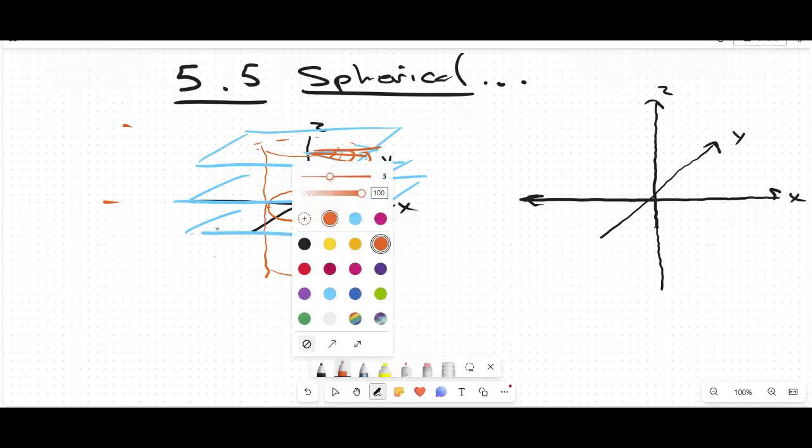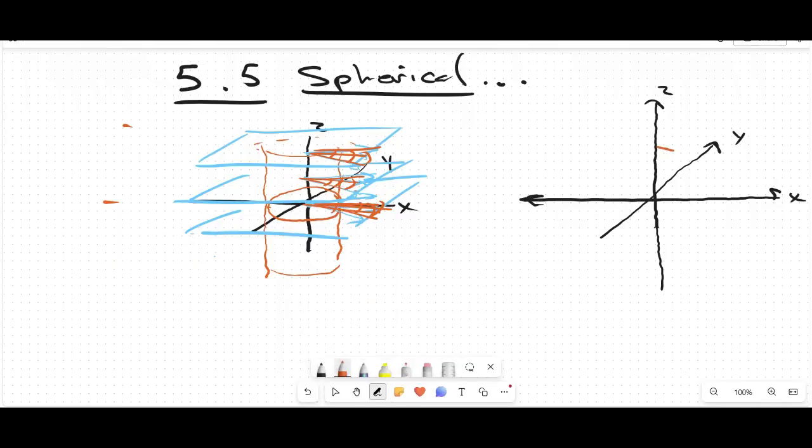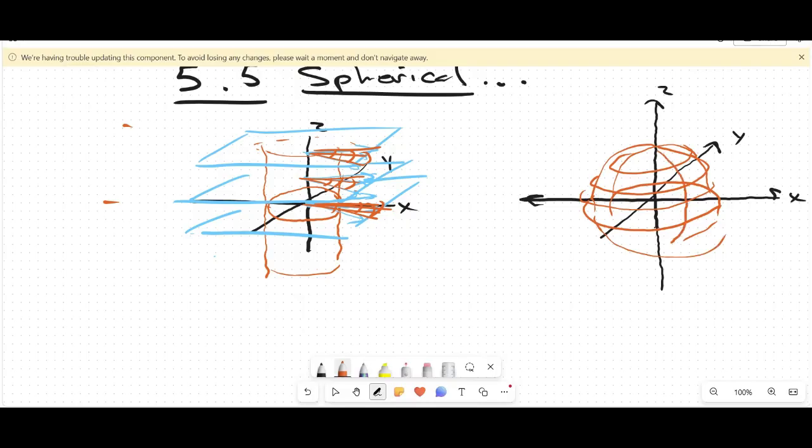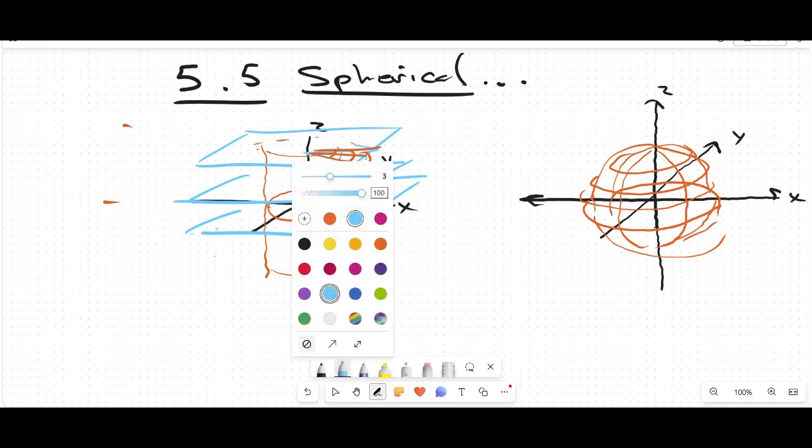We're going to have a sphere. And we've got coordinates on the sphere coming from these lines of latitude and longitude. So we're going to have to develop those coordinates. And then we have a radius, a different kind of radius.